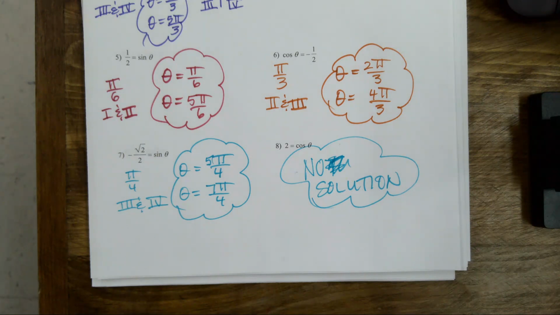We just can't solve this one. This is truly not a solution because when we work around the unit circle, the largest value cosine and sine can ever be is 1. Our cosine and our sine are restricted between -1 and +1, okay?